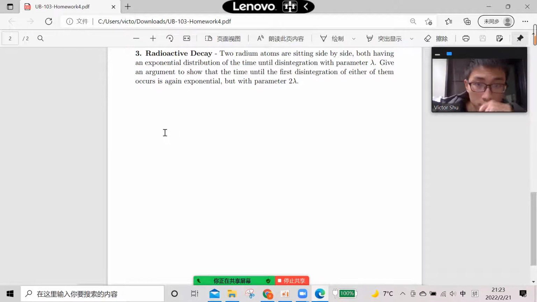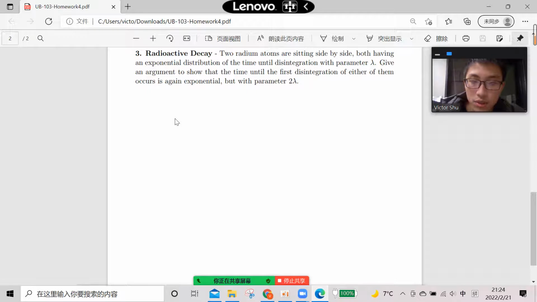And notice the probability of both of them surviving within the time t, right? Think about it, because those two atoms are independent, the probability of both of them surviving time t is just the first of them surviving time t times the second of them surviving time t.